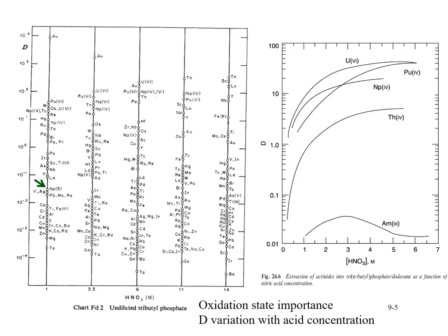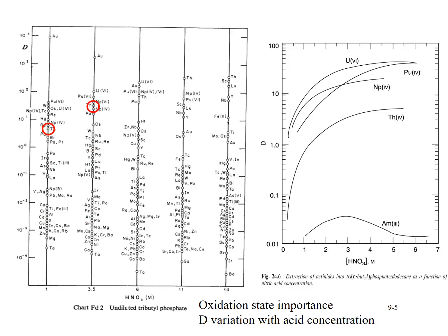We can compare that to neptunium-5. We see an increase of neptunium-5 from 1 to 6 molar. However, at 1 molar it's well under 1, and at 6 molar it's between 10 to the 0 and 10 to the first. So it's still a relatively low value.